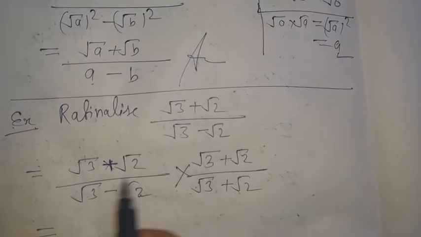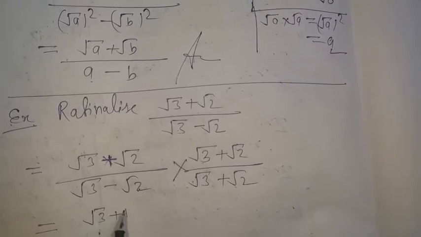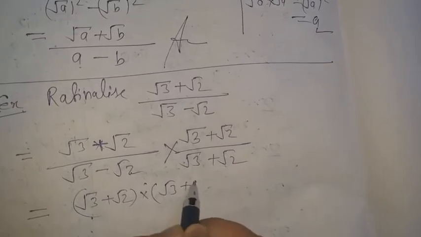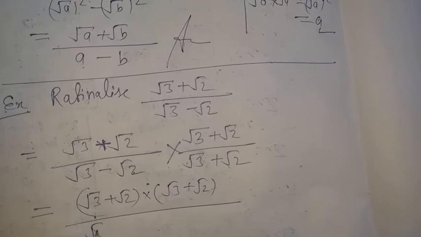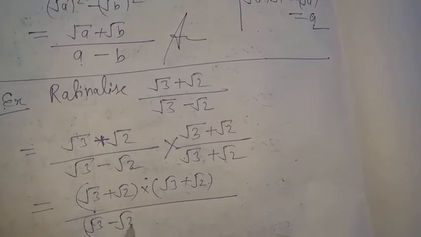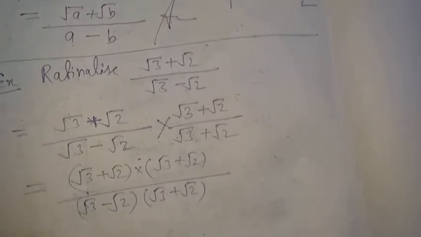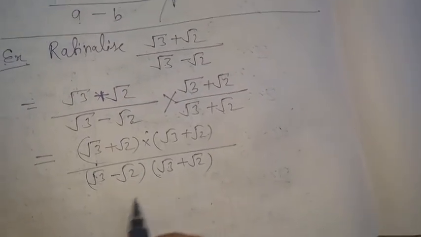Now just multiply the numerator: root 3 plus root 2 into root 3 plus root 2 upon root 3 minus root 2 into root 3 plus root 2. Now here is a minus b into a plus b.